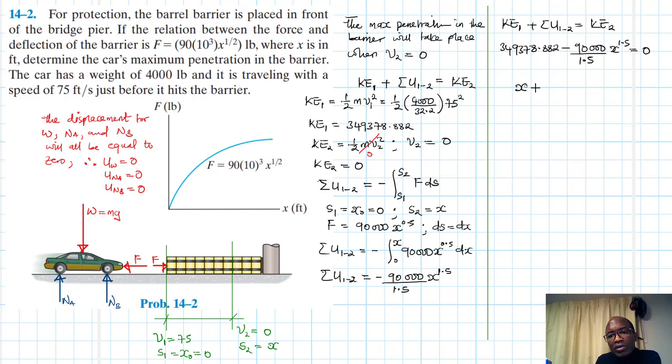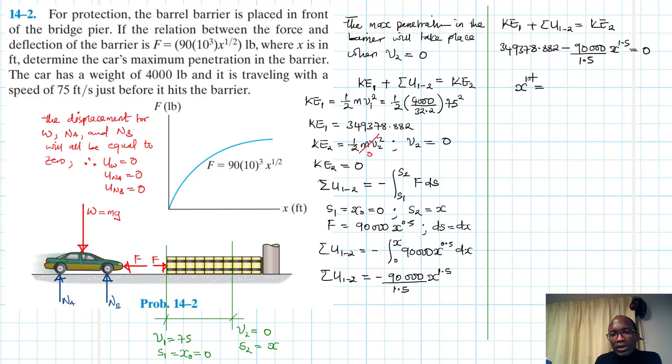Making x the subject of the formula, which we can do. I take it to the other side, so times 1.5 divided by 90,000.